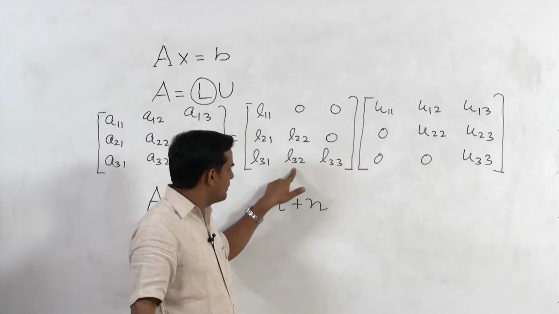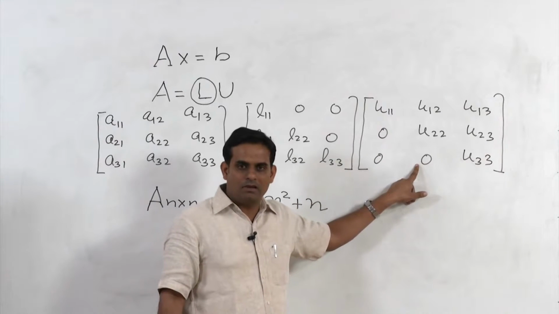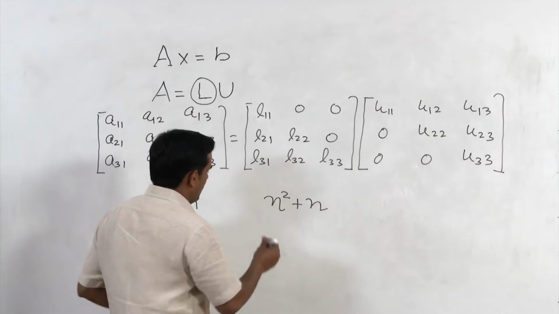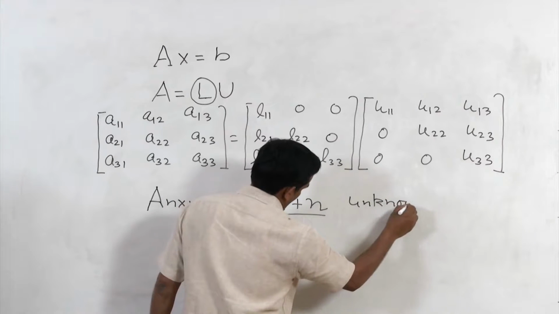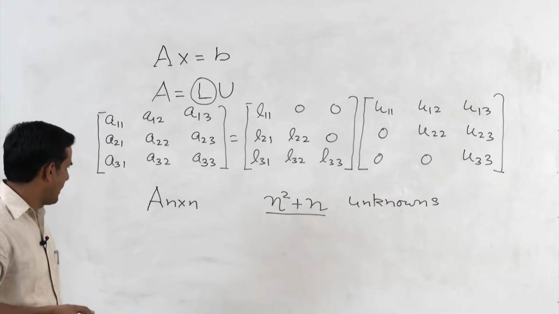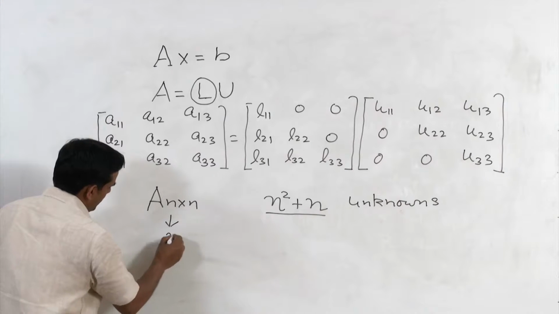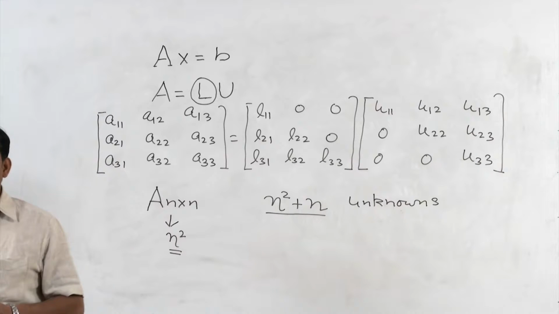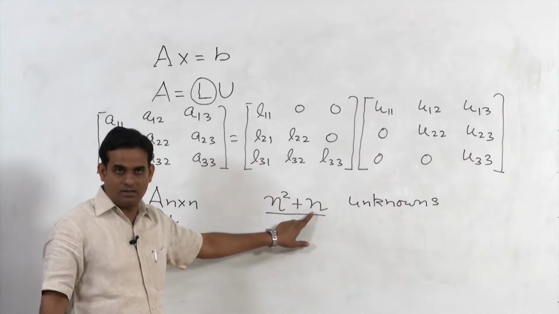So n into n plus 1 by 2 from the lower triangular matrix and n into n plus 1 by 2 from the upper triangular matrix, the total becomes n square plus n unknowns, including all Lij and Uij. While for an n by n matrix A, we have only n square known entries. So somehow I need to reduce n unknowns.